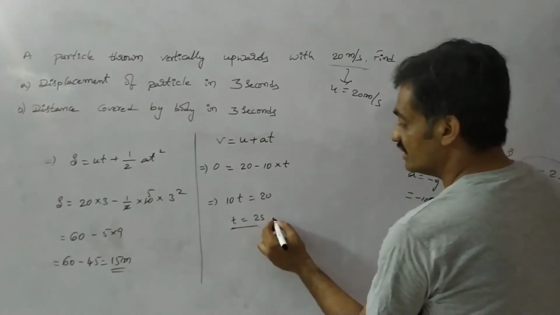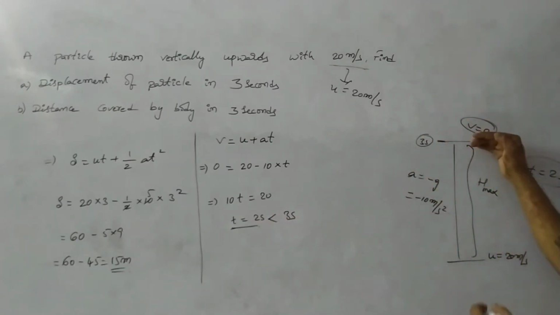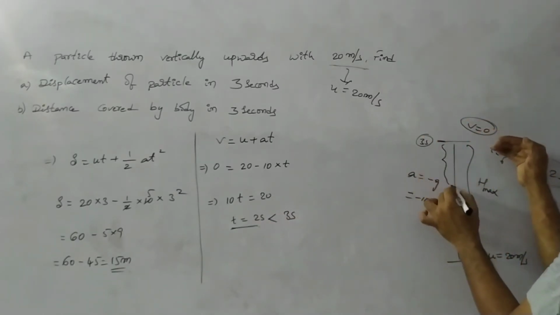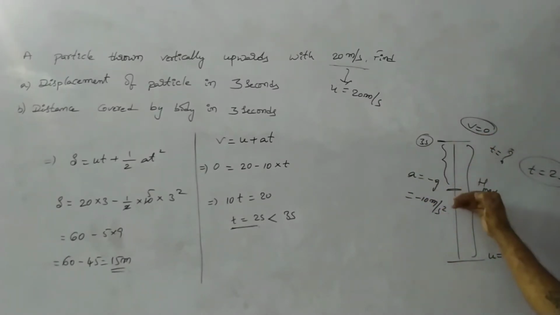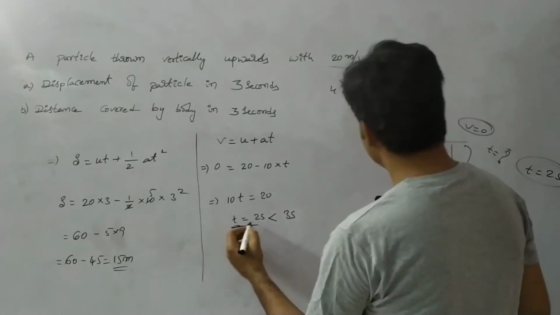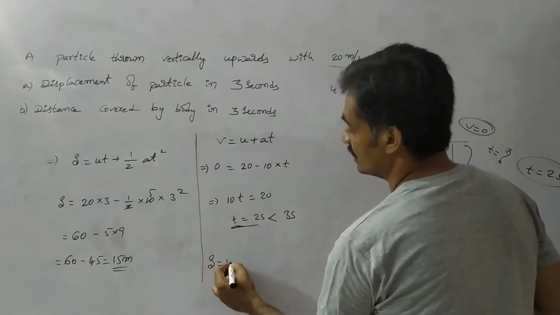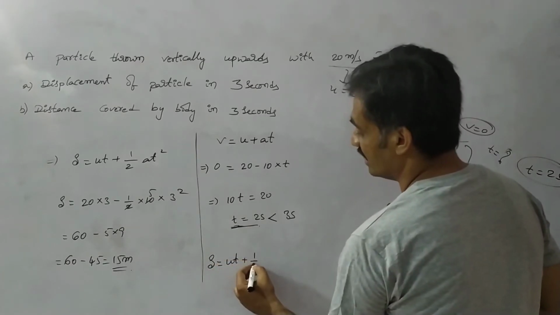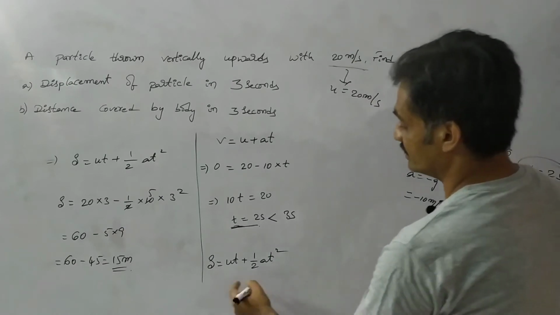So we can say that 2 seconds is less than 3 seconds. After reaching the maximum height, the body travels in the downward direction, so we have to find this distance for 1 second. Let us first find the distance traveled by the body in 2 seconds. We have s equals ut plus half at square.